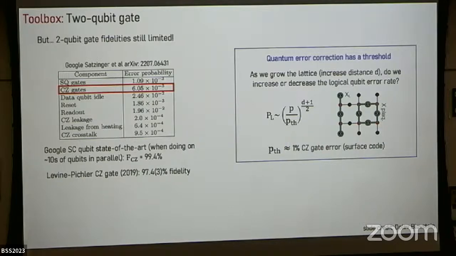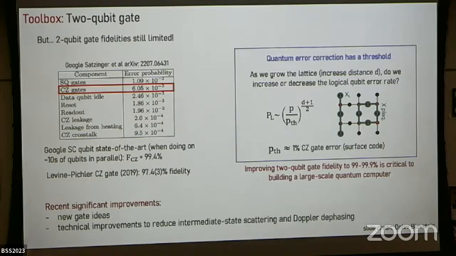For example, for the surface code, one of the lowest thresholds is 1%. So we want gate fidelities between 99 and 99.9%, depending on the kind of error correcting code you want to implement. Getting to this range of gate fidelities is super important to be able to realize a large-scale quantum computer.